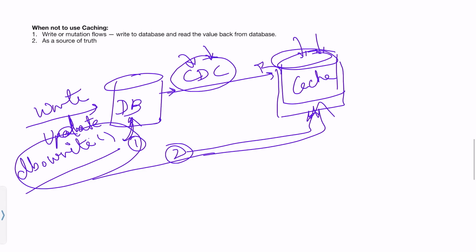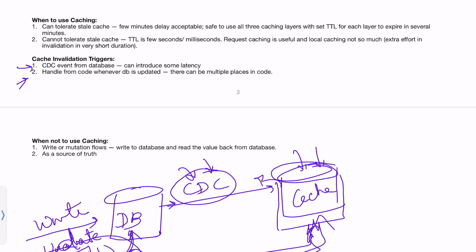So every time you are updating the db, you also have to handle writing to the cache, and you have to figure out those scenarios in which you have to update the cache. So these are the two invalidation triggers, and it depends on the business use case which fits best.